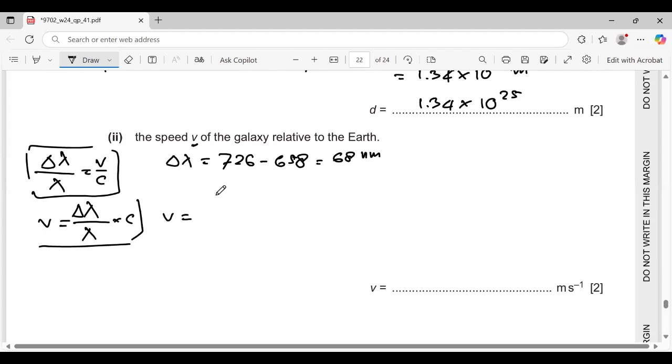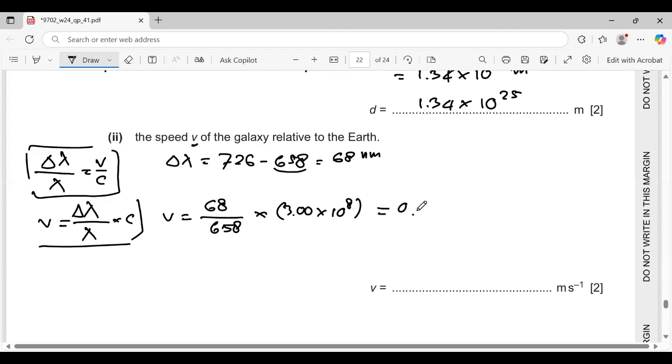So it becomes 68 nanometers over 658, this is lambda, times c. c is 3.00 times 10 power 8.